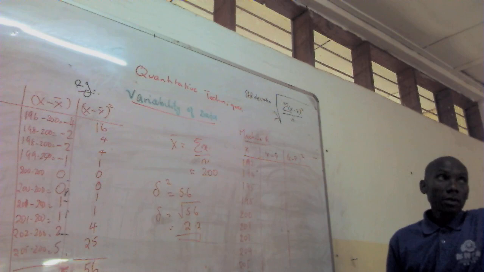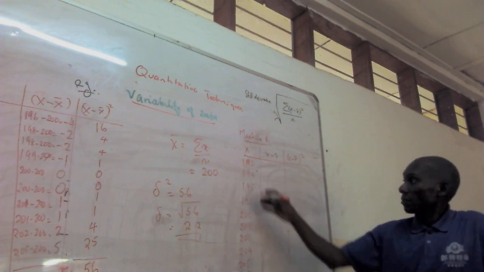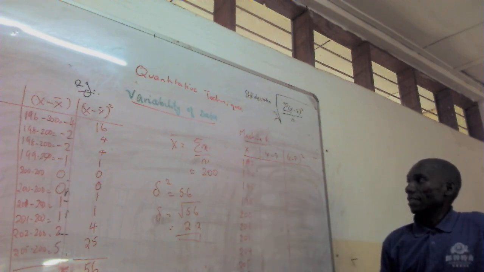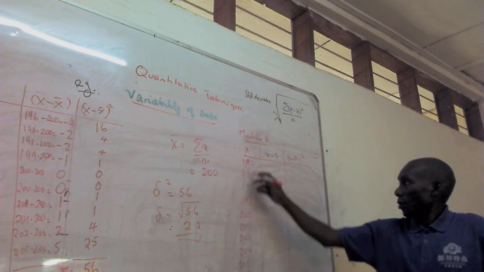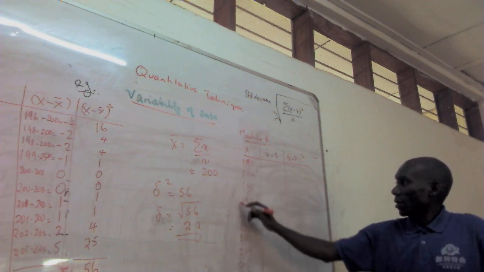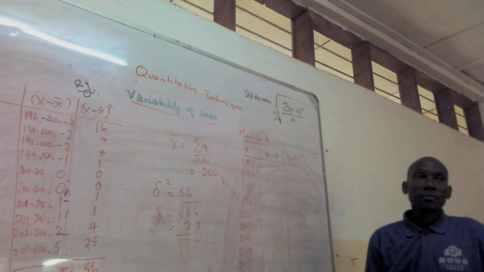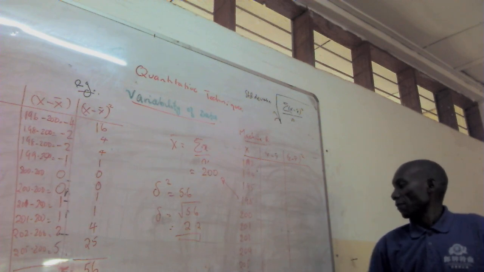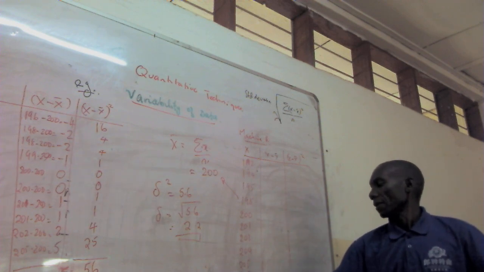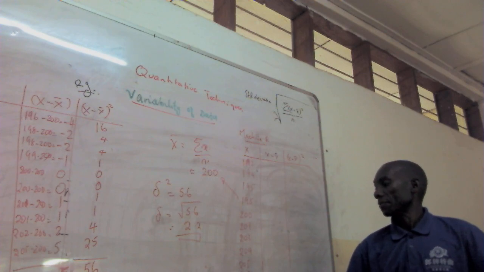Again, if you find the mean for this, it's just the same, 200. When you add all these numbers and divide by how many they are, you get the same as before. Therefore, mean again is going to be 200.